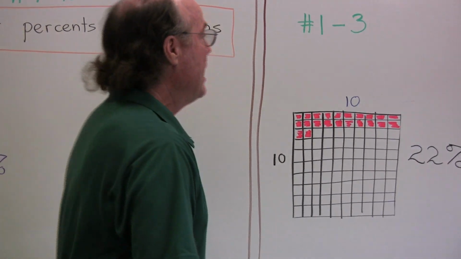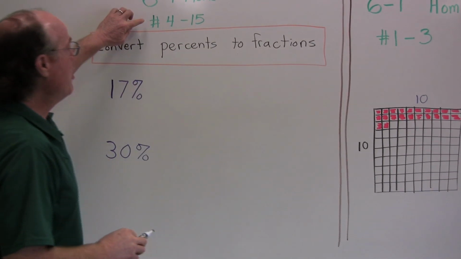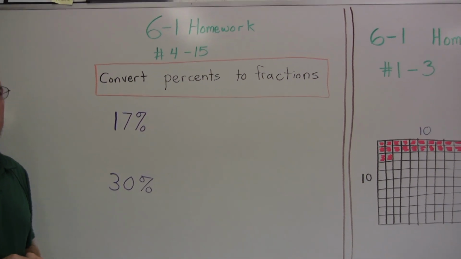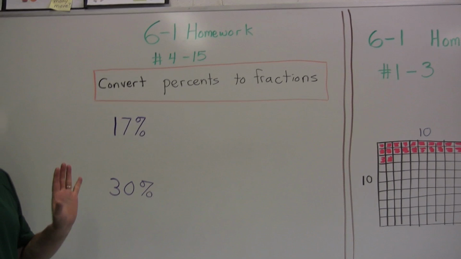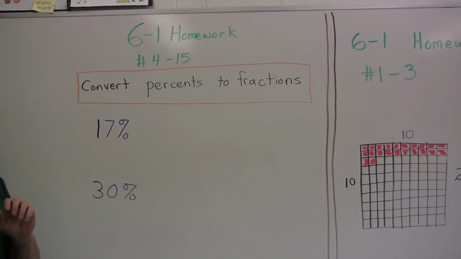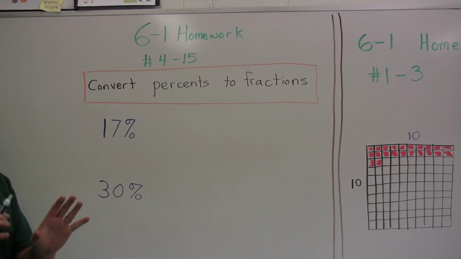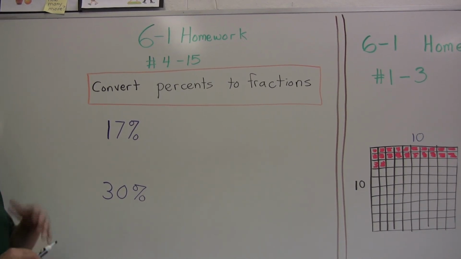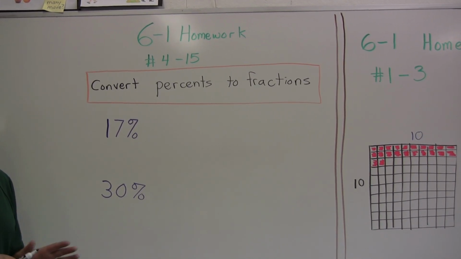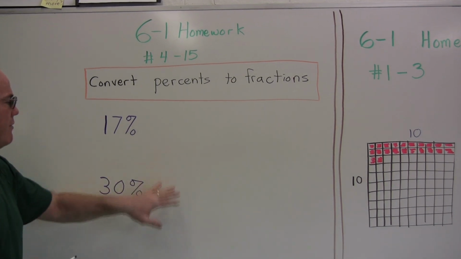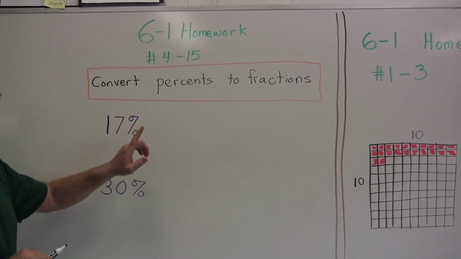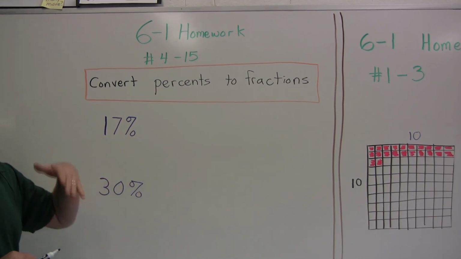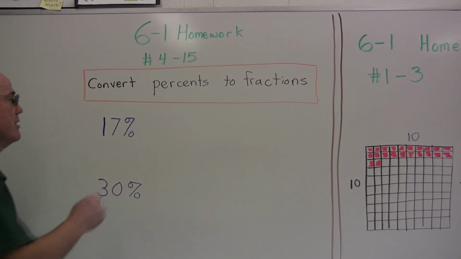Now 4 through 15 is going to be a little difficult. There are some very easy problems, but then there's 3 or 4 tricky types of problems here, and I'll teach you how to do all those. Basically, we'll have things like this, where the workbook says, convert 17% into a reduced fraction.